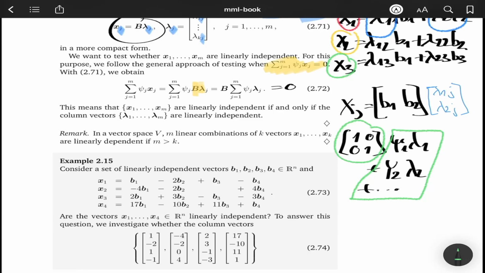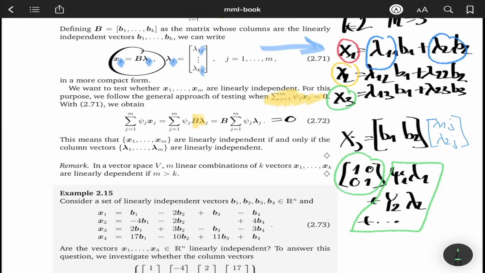And that's what they're saying here. Because we have this equation, they're saying that x is linear independent only if lambda is also linear independent. If it's not, then it will be not 0. I hope I'm making sense.